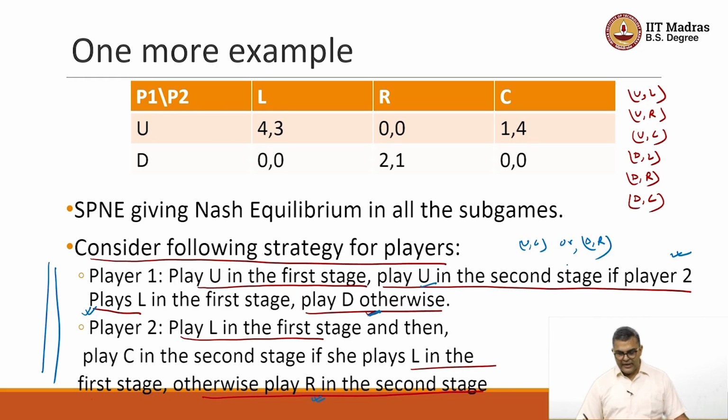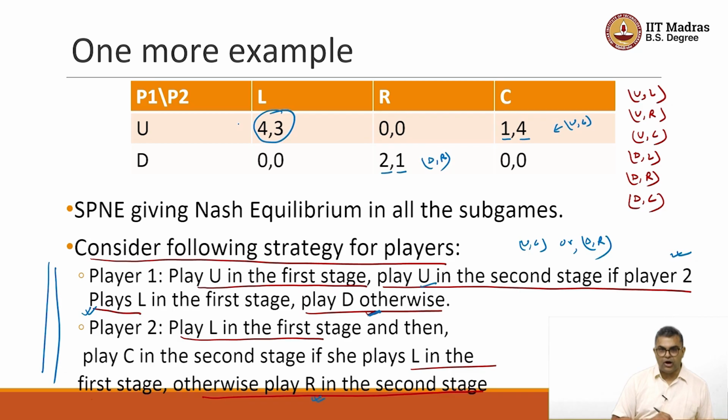So in a way, player 1 is threatening. Both are stage equilibria. We have obtained U comma C and D comma R. If player 1 gets this box in the first stage, then he rewards player 2 by concentrating on this box.